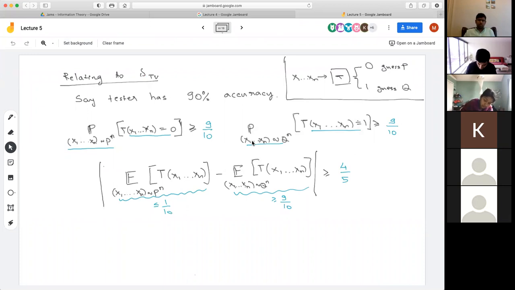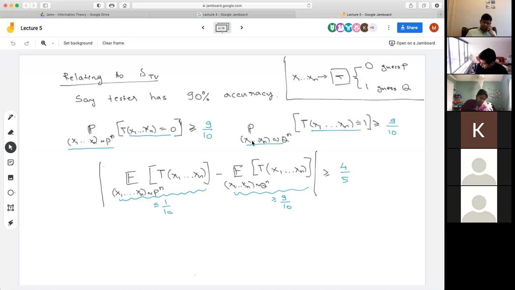And again, there is nothing special about 90% accuracy. You can see that if it was anything bigger than 50%, you would get some sort of constant lower bound on the right hand side. So yeah, 90% just makes us feel better than when I say 51%.